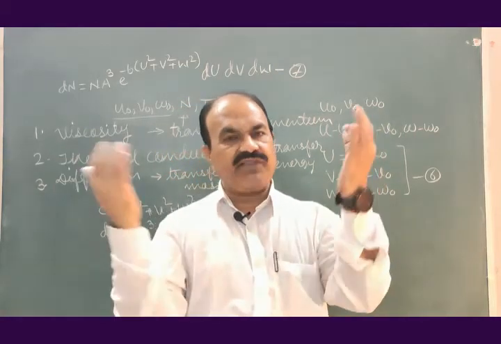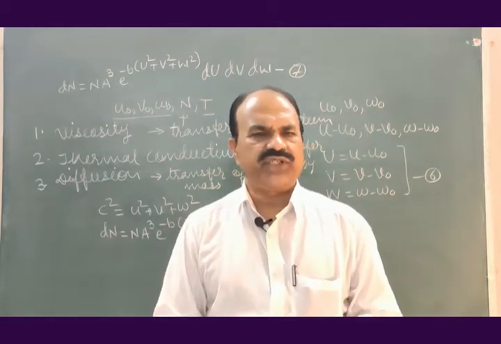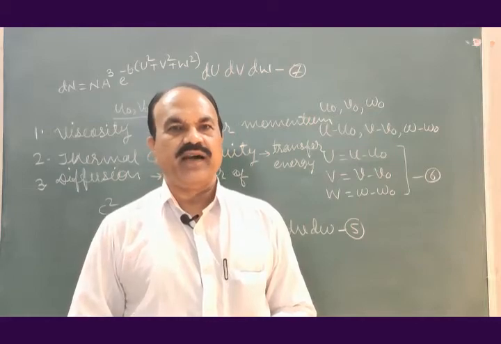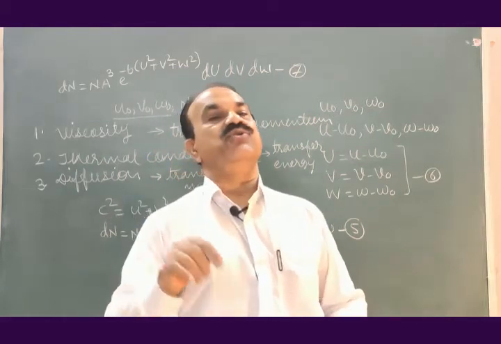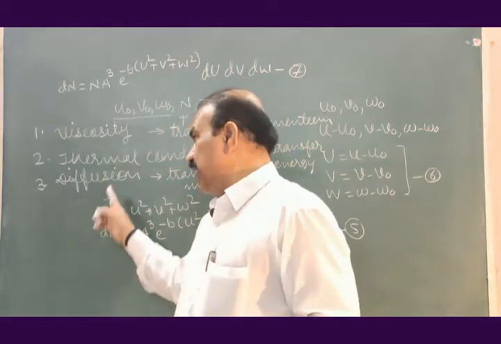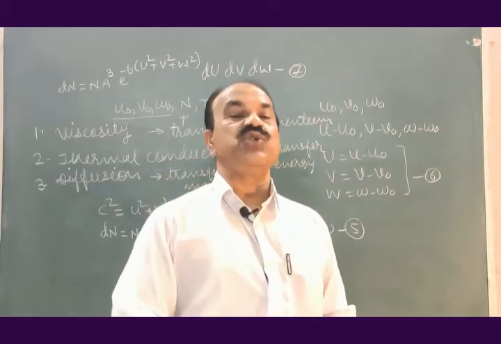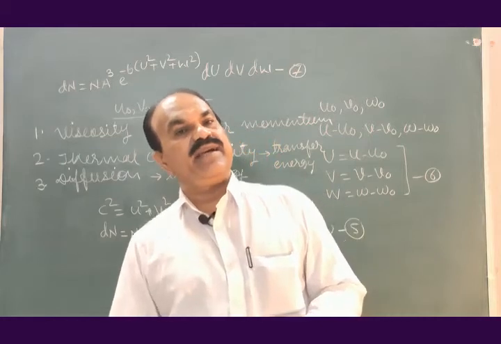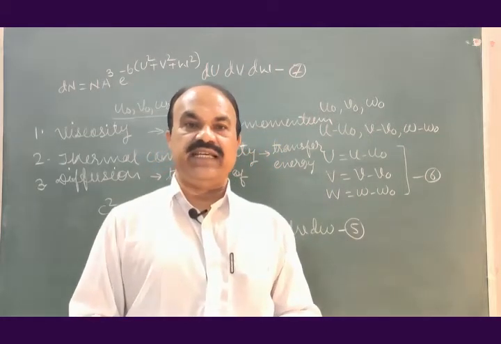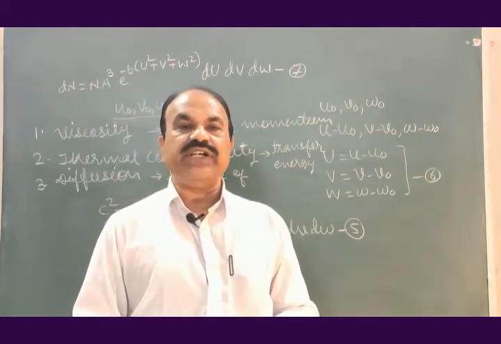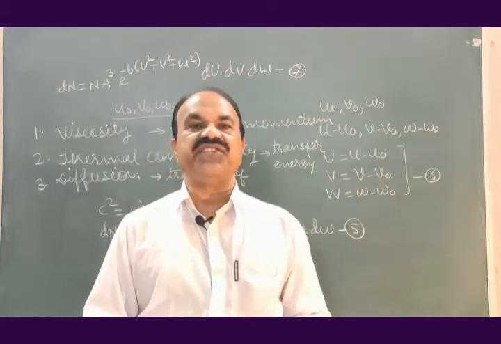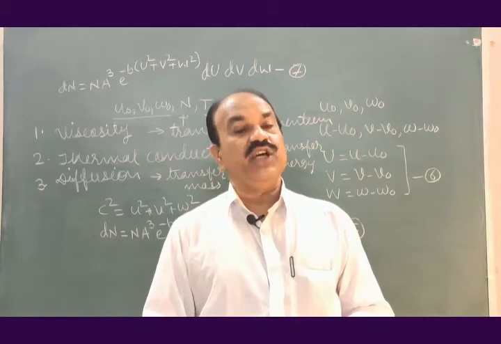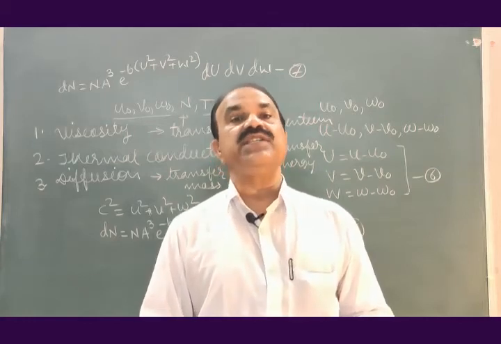Now you may have one question in your mind. Viscosity is a very slow process. Conductivity is also a slow process. Diffusion is also a slow process. In kinetic theory of gases, we have studied that the velocity of gases with which they move is large.